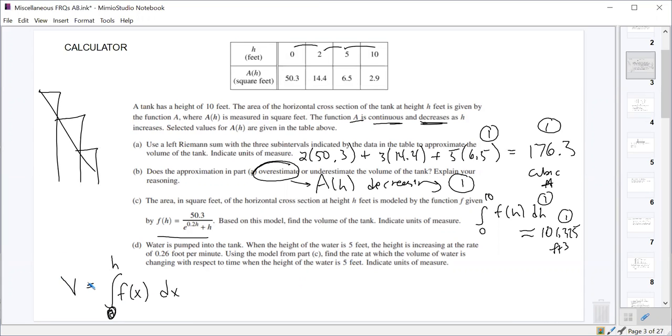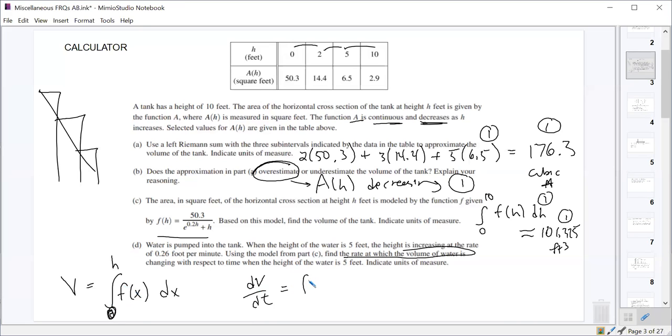That's the function that represents the volume at any time, right? So if we are looking for the rate at which the volume of the water is changing, what do we have to do with that? We have to take the derivative of it with respect to t. So this will become dV/dt. And what's the derivative of the integral from 0 to h of f of x?